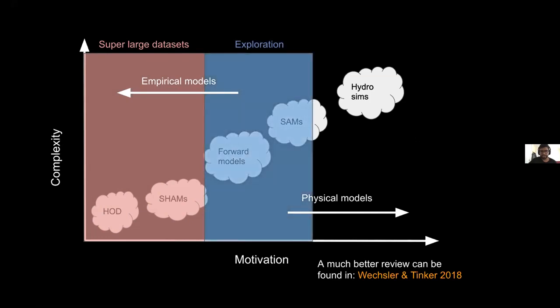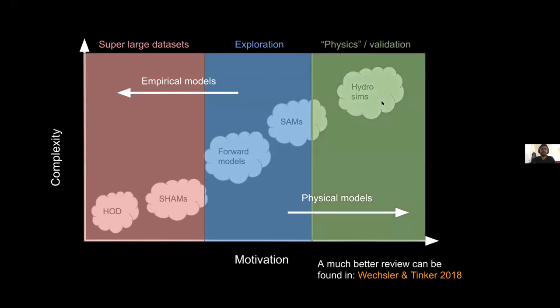We have the forward models and SAMs, which are especially helpful for exploratory purposes in trying to understand how different parameters or different ways of modeling the galaxy-halo connection can change the measurements that we get out at the end. And at the end, we have of course hydrodynamical simulations, which have the physics done, quote unquote, in the most realistic manner. These are especially useful for validation purposes for the other rungs of the galaxy-halo connection models.